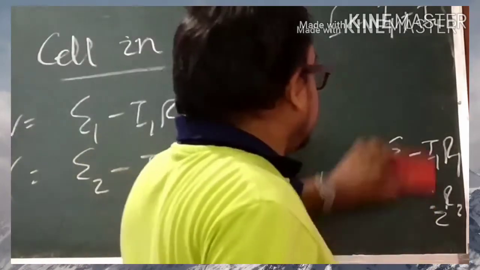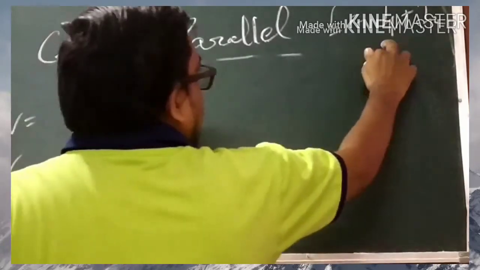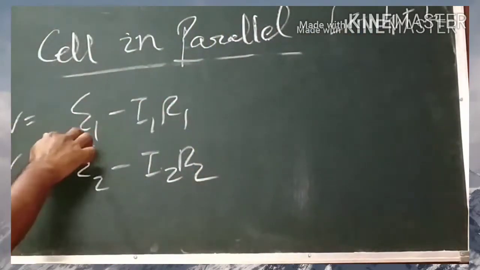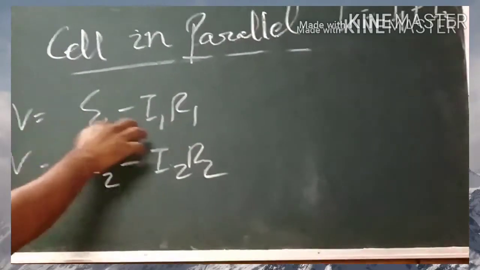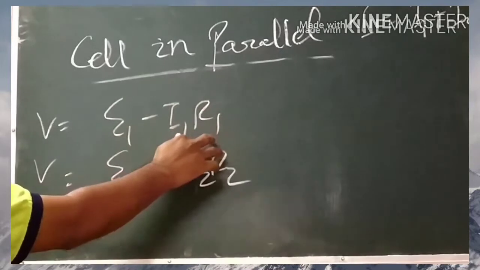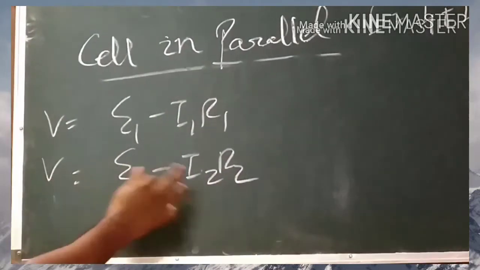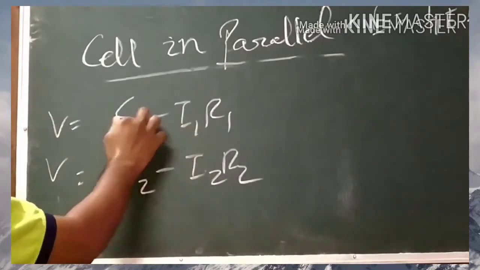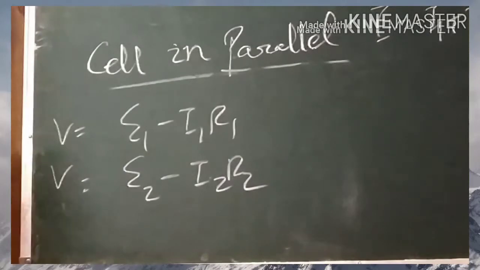From these two equations, we can find the values of I1 and I2. If we take the I1 R1 term to the left-hand side, I1 R1 will be equal to E1 minus V, and I2 R2 will be equal to E2 minus V. Then I1 will be equal to E1 minus V by R1, and I2 will be equal to E2 minus V by R2.